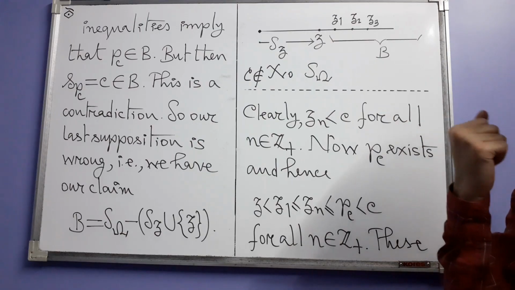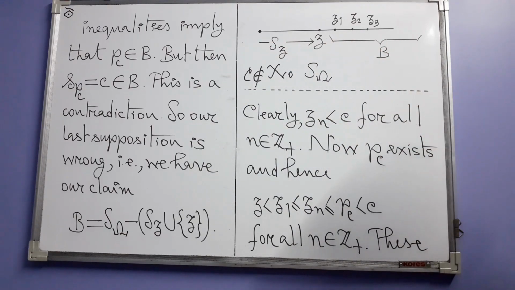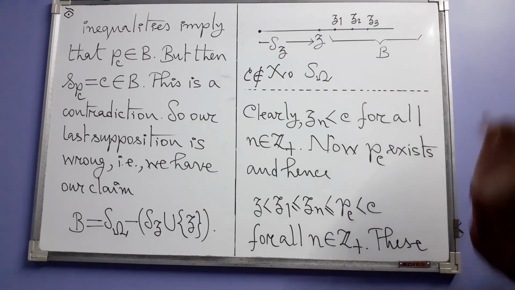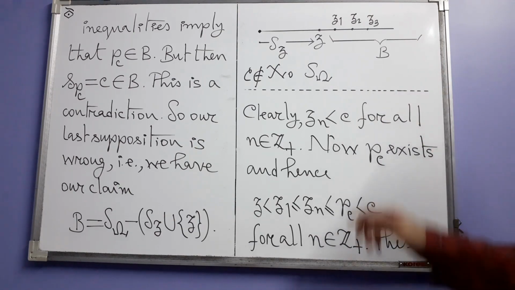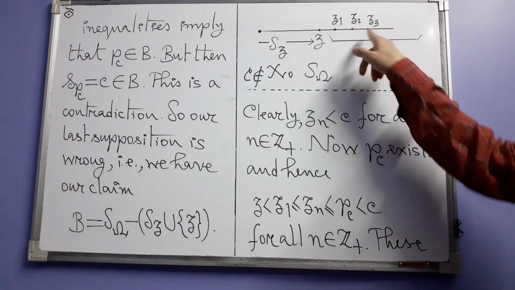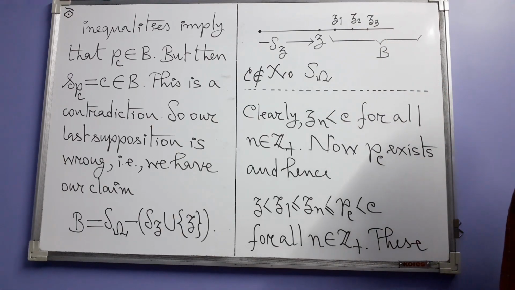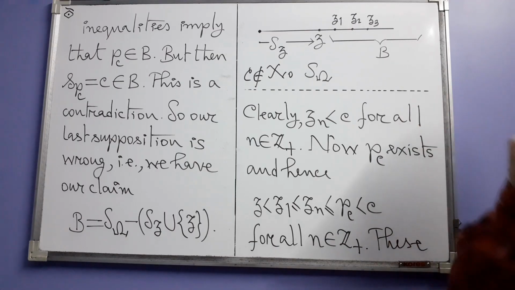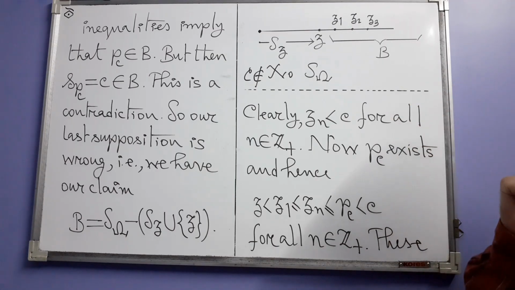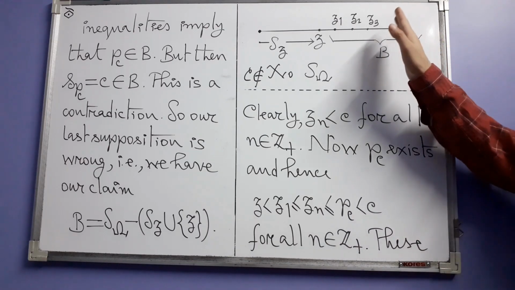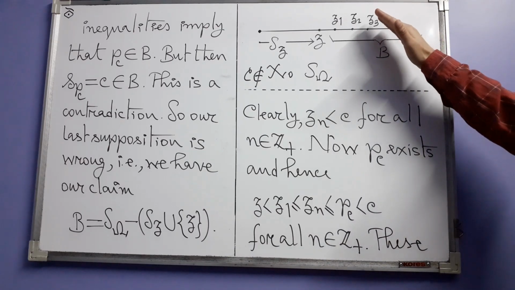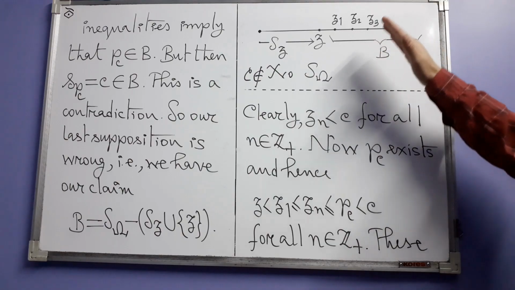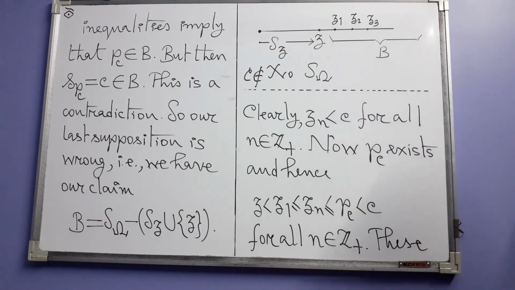C is in the complement of the union of these three sets. C also cannot be equal to Z. C also does not belong to B. Now, is it possible for C to lie in between these successive successors? No, because they are successors, so there is nothing else in between them besides themselves. So C has no other place to go other than lying on that far side of S omega.